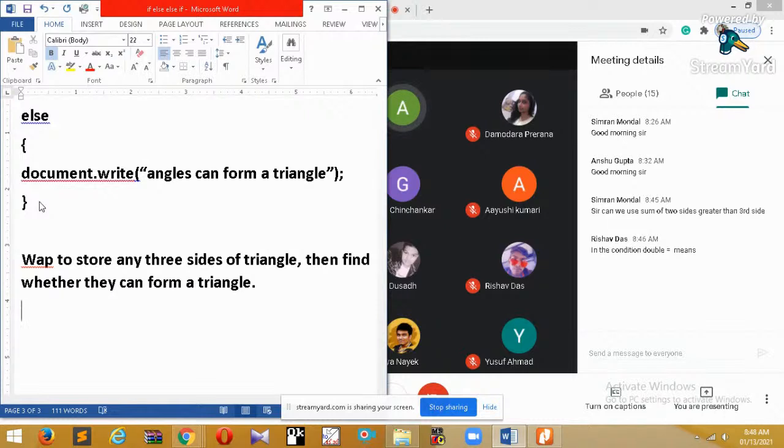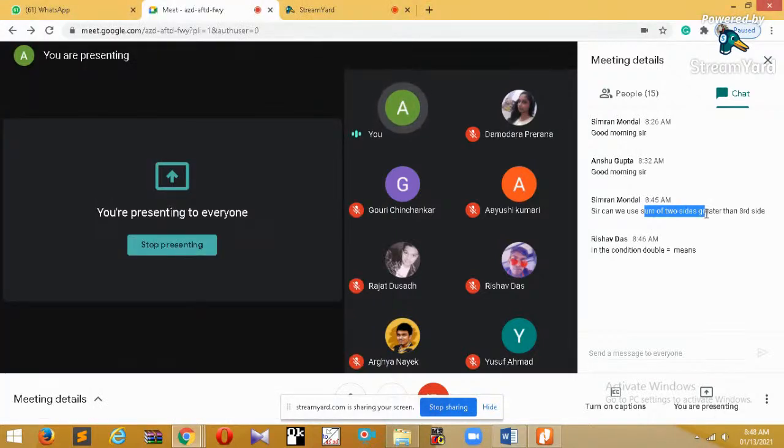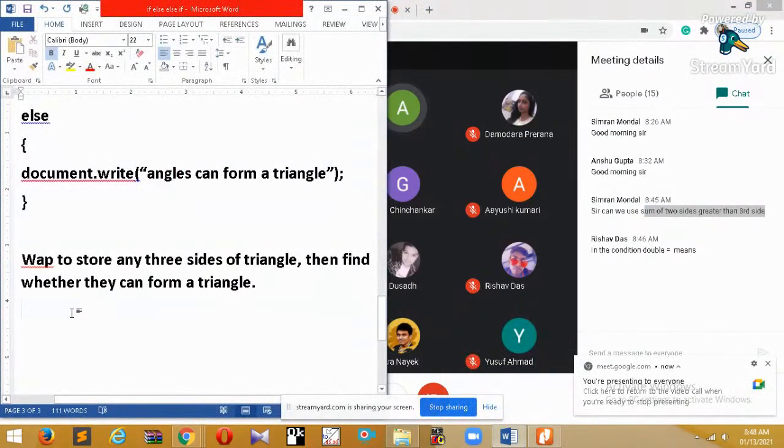In the first case, based on the angle, the logic was that if the sum of the angles is 180, then it can form a triangle. Here the question is based on the sides. So what will the logic be? As Simran said, if the sum of any two sides is greater than the third side. Depending on the question, we'll write our answer.